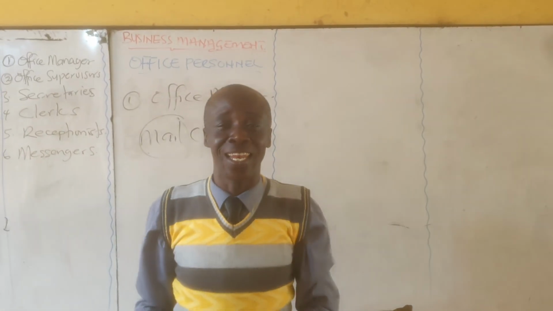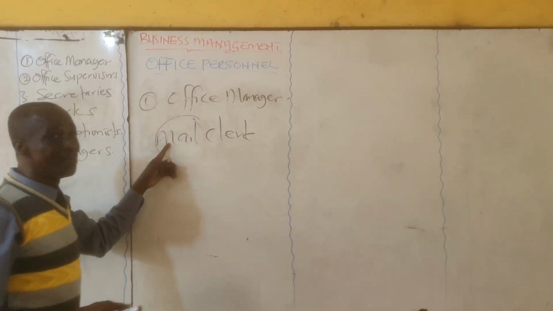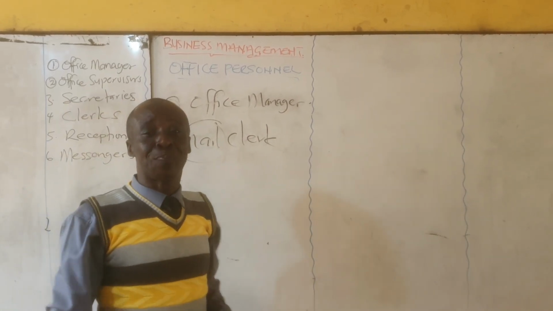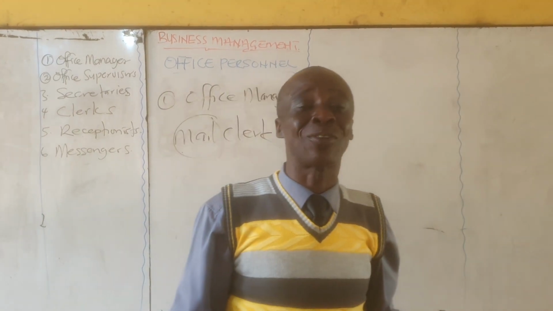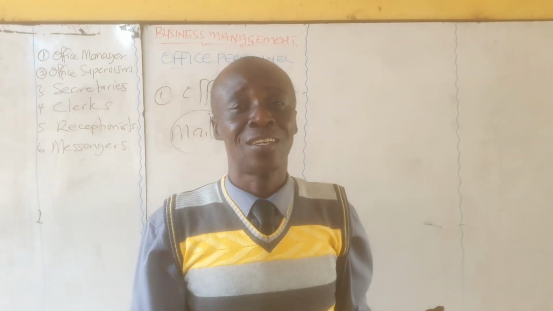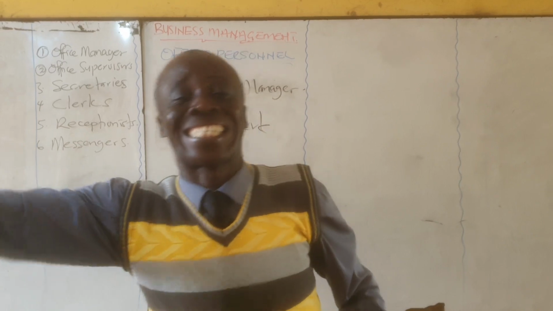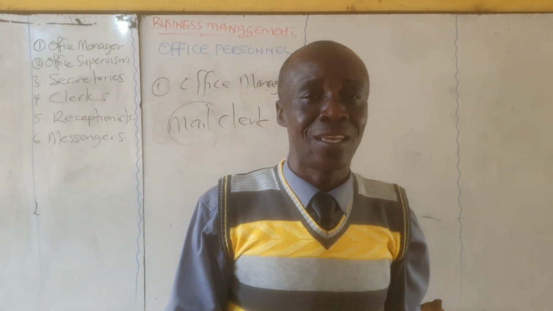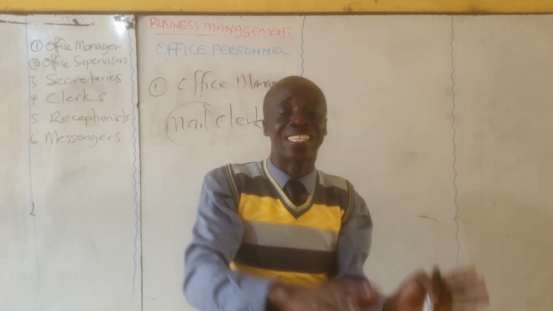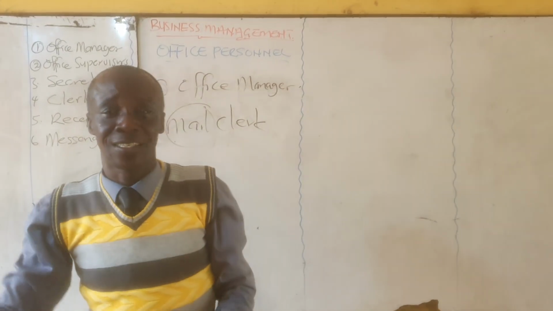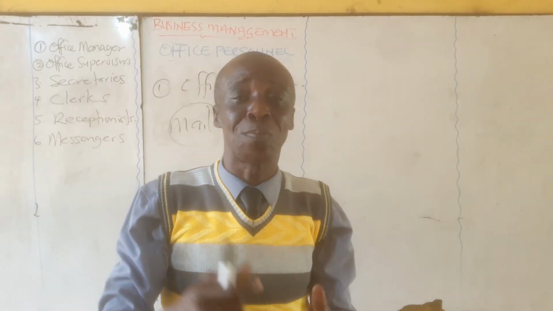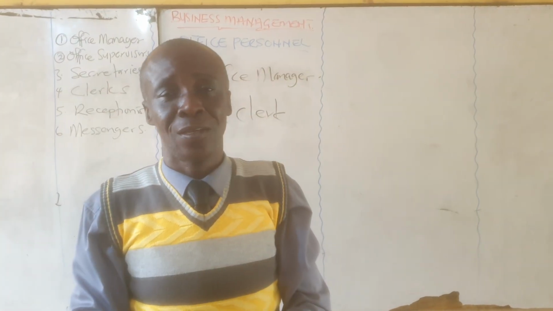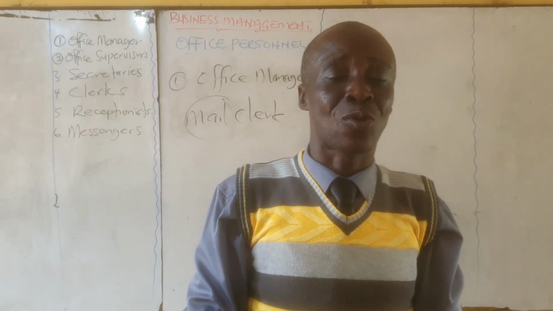Who brings the letters? That would be the mail clerk. Now, if you are looking at posting clerk, you are accounting students. So, in accounting, you make postings. After preparing your trial balance and this and that, you make postings. So that's what they are talking about. So posting clerk and so on and so forth. Let's continue.